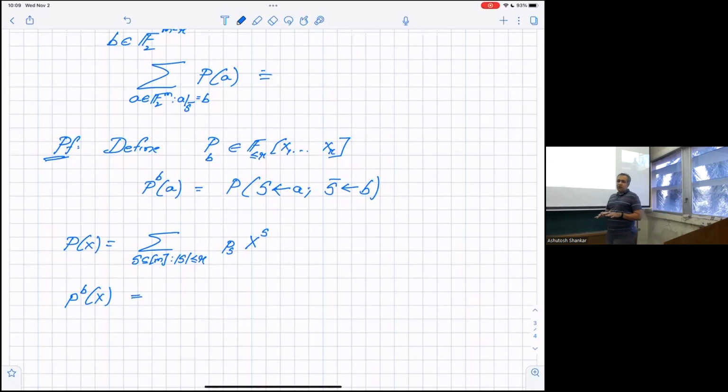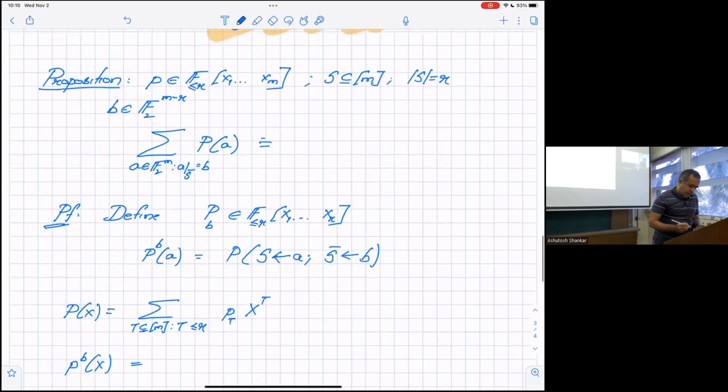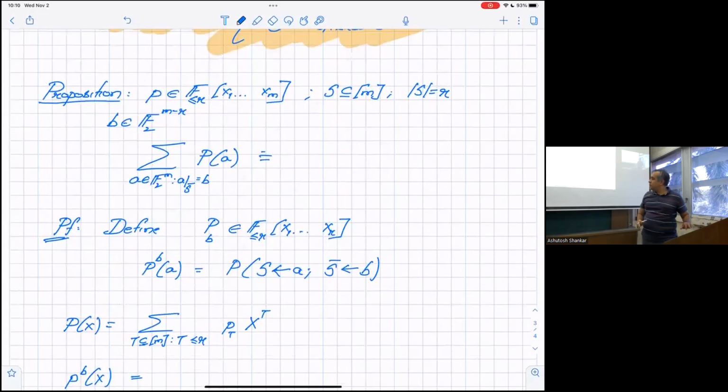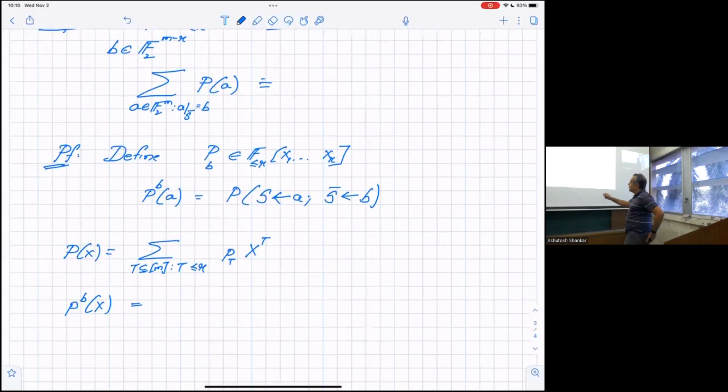I'm setting various values. Monomial by monomial will get simplified because in each monomial, some of the expressions are going to be set by B. Let's not reuse S for two different things: S is that specific set over there, and this is the general T. So when T happens to be S, does it get reduced?